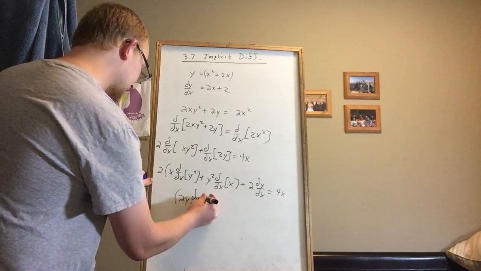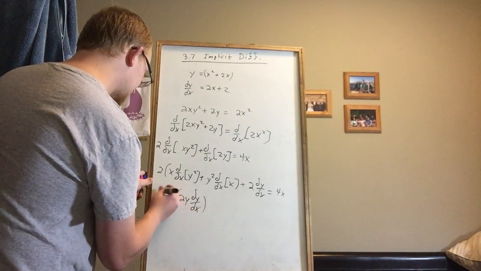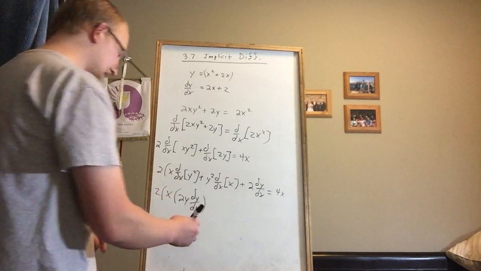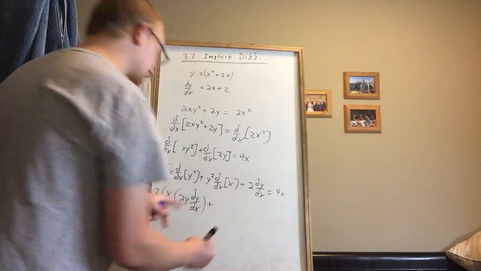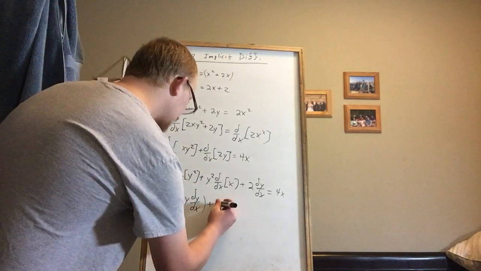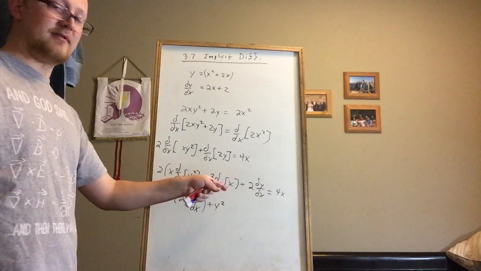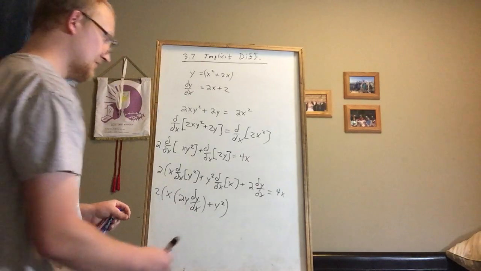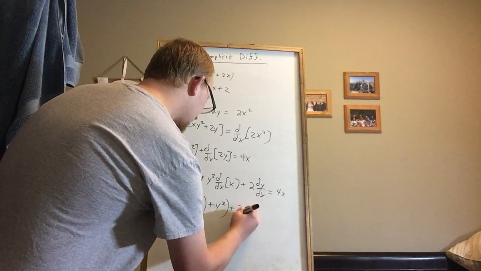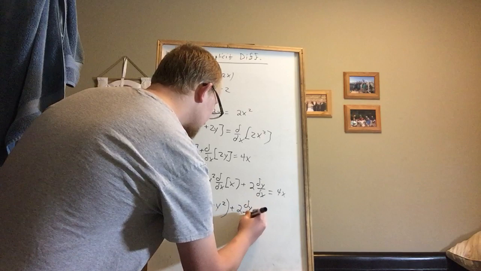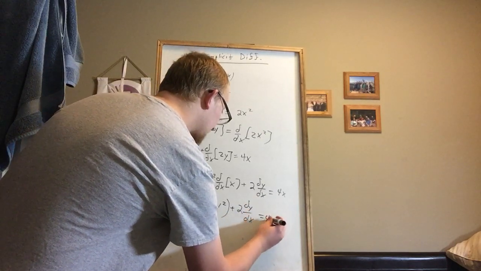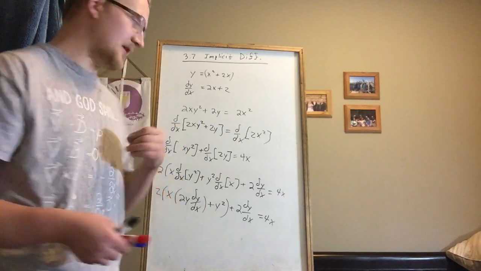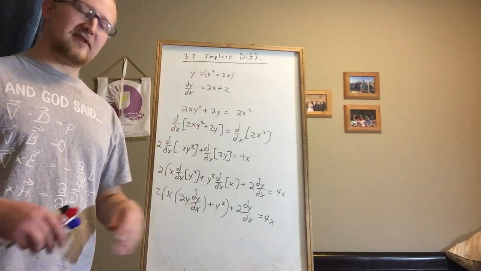And so now we're left with 2 all times the quantity x times 2y dy dx, plus we'll do the second part of the product rule, which is y squared times the derivative with respect to x of x, which is just 1. And that's where our parentheses close, added to 2 dy dx equals 4x.